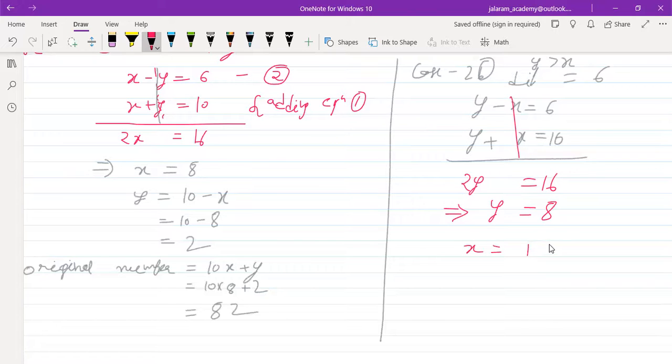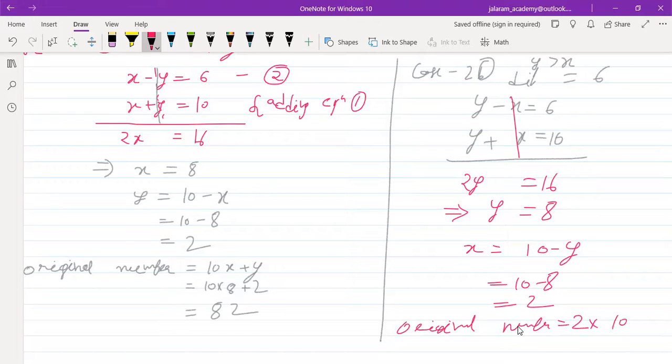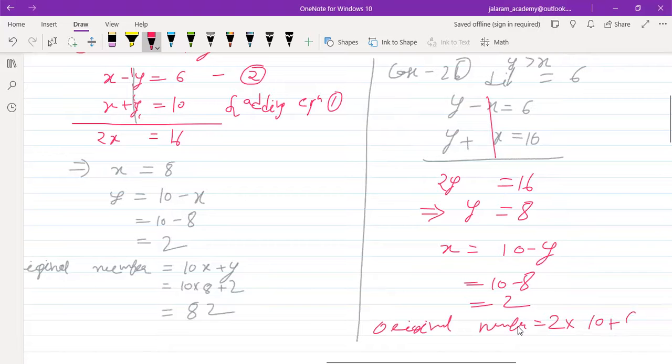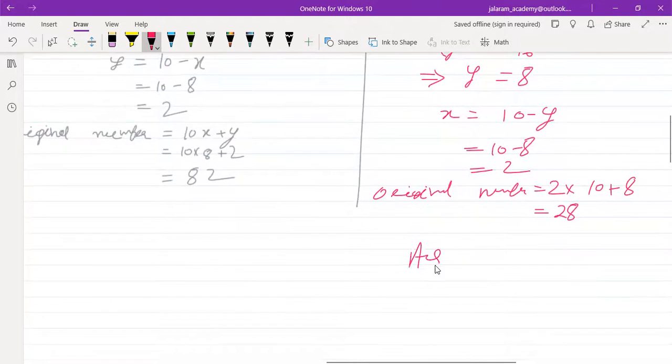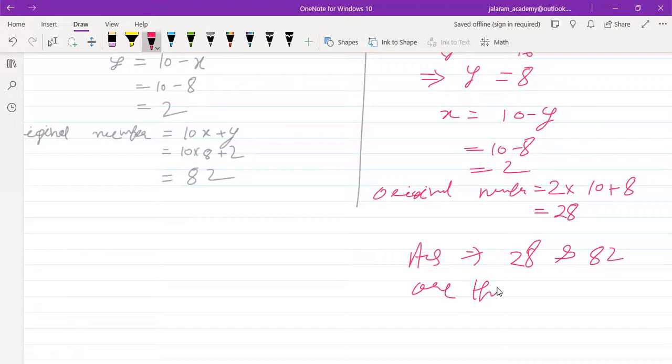So from equation 1, x equals 10 minus y, that is 10 minus 8 equals 2. So the original number will be 10x plus y, that is 28. So two answers are possible: 28 and 82 are the two answers.